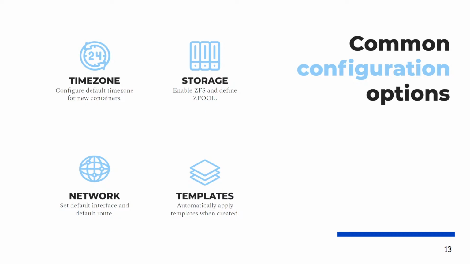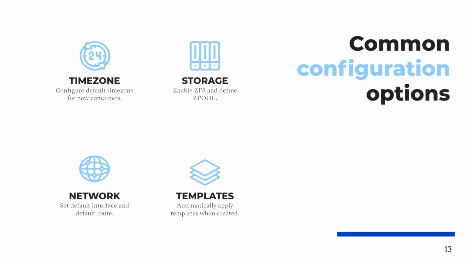I think this was a change last year. When a new container is created, it will start up automatically and then have a template applied to it to configure it with our base configuration. You can customize what template that is.